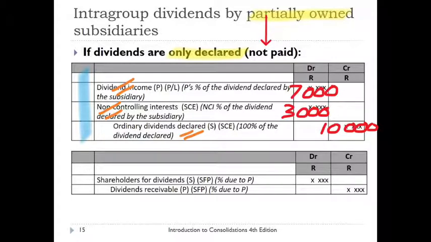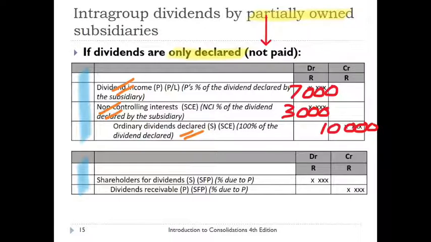But for purposes of the consolidation journal entry, for eliminating what happens inside the red block, how much would you have to eliminate with your second journal, where we debit shareholders for dividends and credit dividends receivable by B? Would this now be for the full 10,000 Rand dividend or only for the portion owed to the parent?